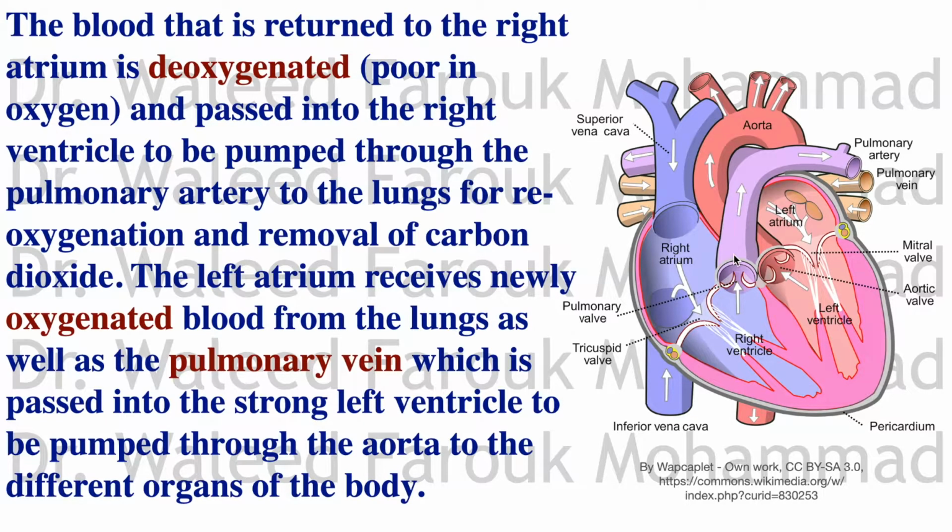So the pulmonary artery carries deoxygenated blood, and the pulmonary veins carry oxygenated blood back to the left atrium of the heart, where the systemic circulation will start and be taken over by the left ventricle.